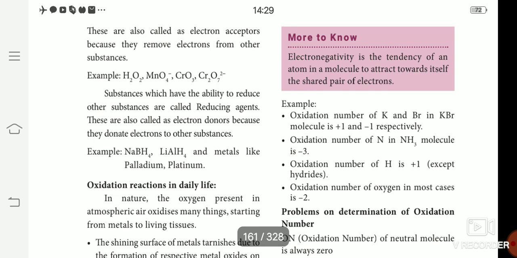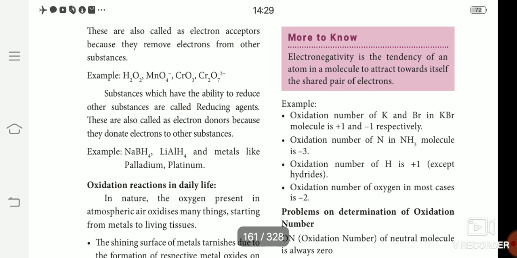So it is called an electron donor atom. Examples are sodium borohydride and lithium aluminum hydride, and metals like palladium and platinum. So these are the oxidizing agent and reducing agent.